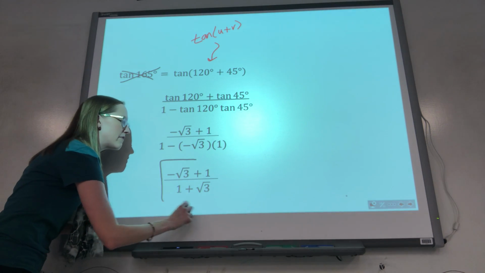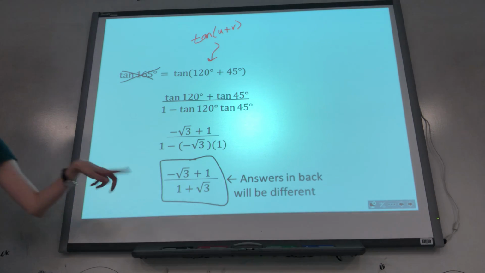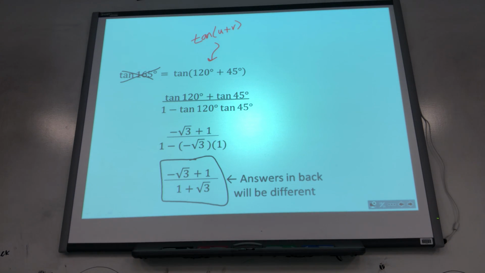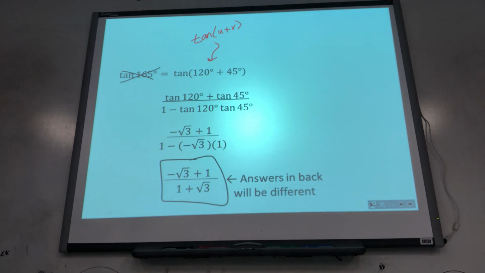So I would just leave this the way it is. Now, the back of the book probably rationalizes the denominator or does something else fancy that I'm not going to ask you to do. So it may be hard to check the tangent answers in the back. We'll go over those more together tomorrow. Any questions on that?